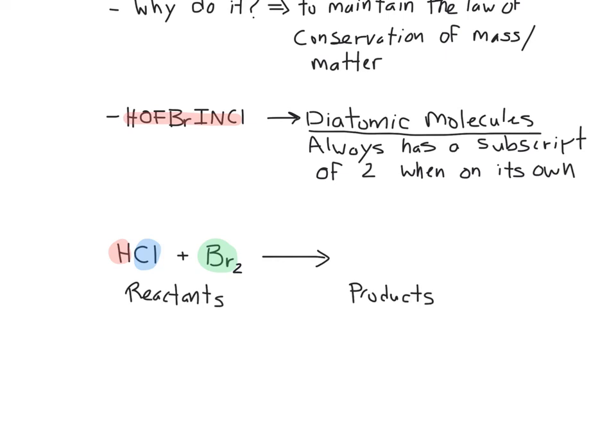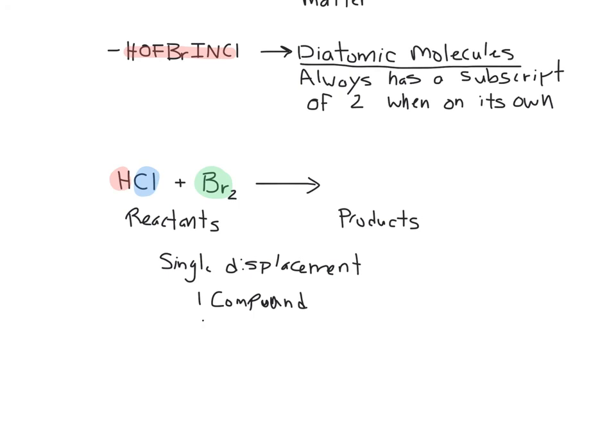So I know, just from practice, that this is a single displacement reaction. I know that because we have one compound and one lone guy, so an atom or a molecule.